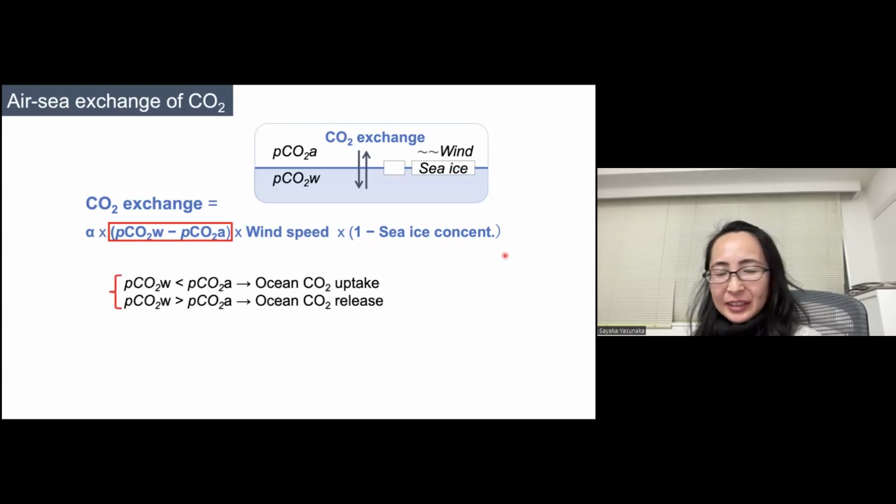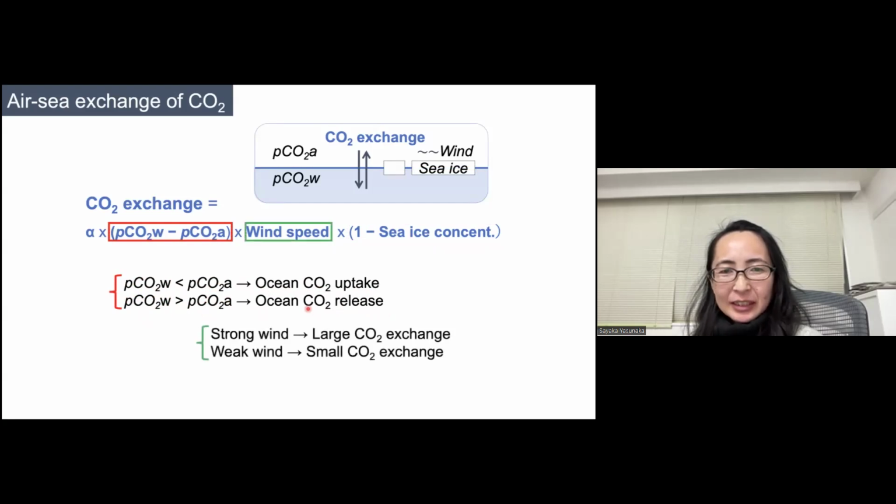When the pCO2 in the ocean is lower than the pCO2 in the atmosphere, the ocean takes up CO2. And when the pCO2 in the ocean is higher than the pCO2 in the atmosphere, the ocean releases CO2 to the atmosphere.